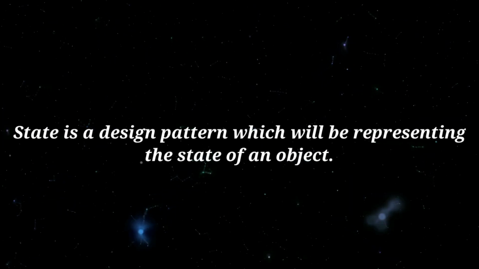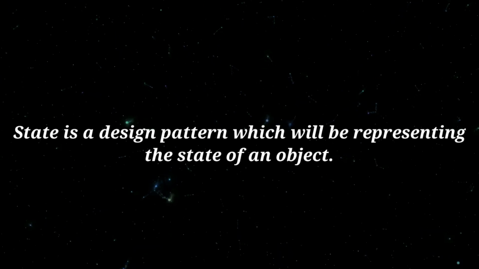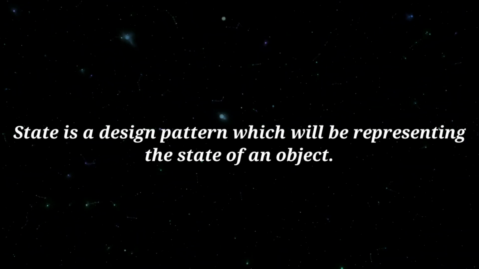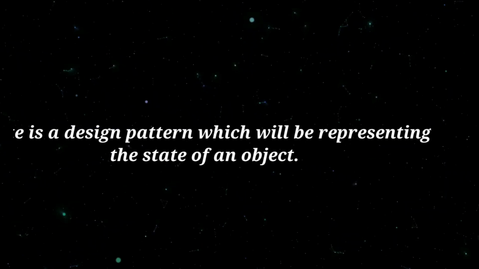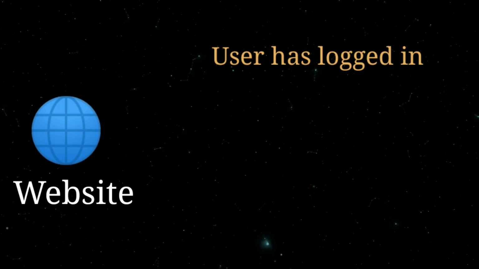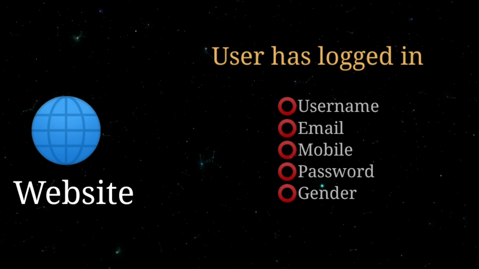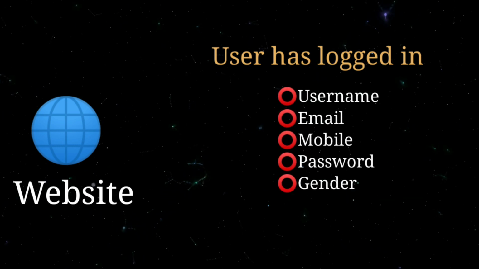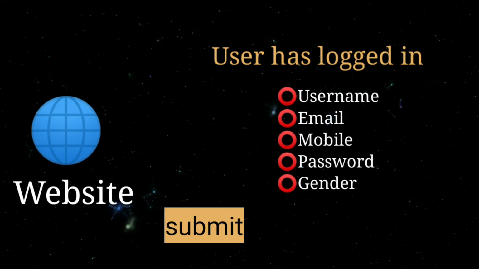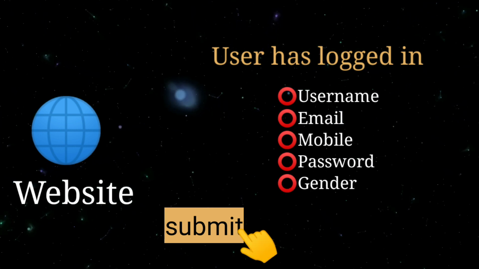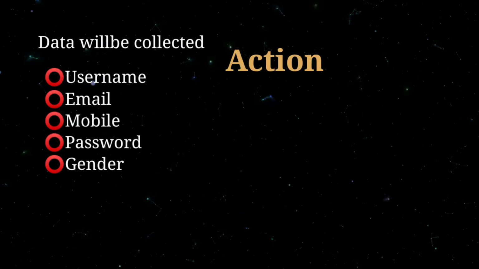But what is this state? It is a design pattern which represents the state of an object. Whatever data we have inside our application, suppose a user has come inside my website and logged in. The user will have multiple options to fill: username, email, mobile, password, gender, everything. When the user clicks on the submit button, the data is collected and sent to actions.